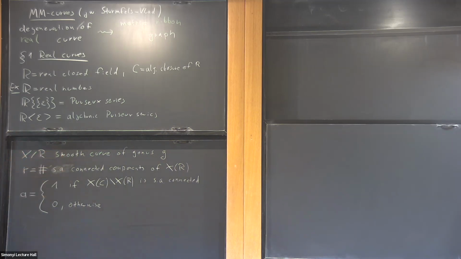For a smooth projective connected curve, this can have at most two connected components. So it's either connected or it has two.